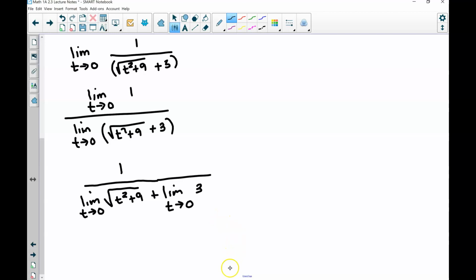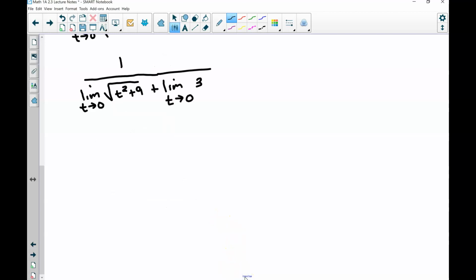So now we end up with 1 in the numerator still. And now using the definition of the square root, we can see that you have the square root of the limit as t approaches 0 of t squared plus 9, plus the limit of the constant 3, which is going to be 3. Now under the radical we can use substitution.